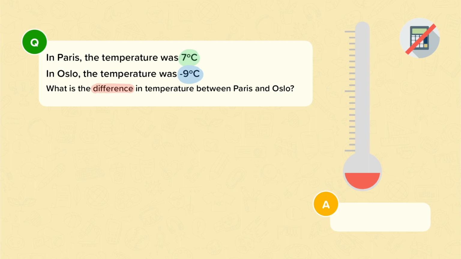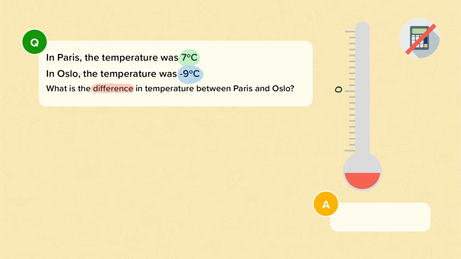So we can actually use this thermometer here to help us out. If I say the middle bit is 0, can you try and figure out this question? I'll start you off. We need to start at 7. 1, 2, 3, 4, 5, 6, 7.